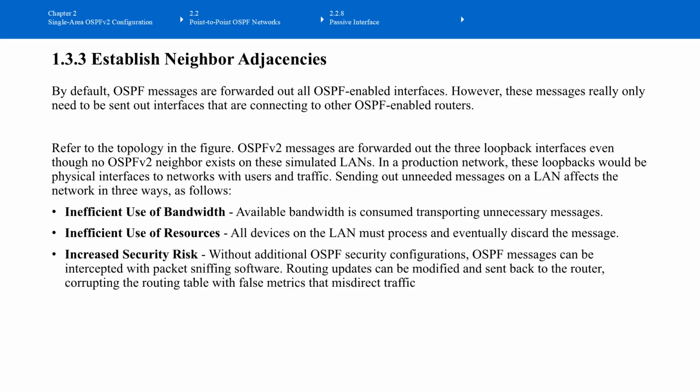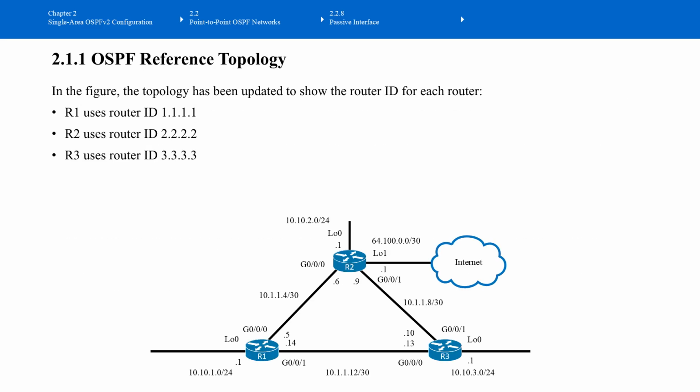Security risk, that is, the OSPF information may be intercepted. The solution to this problem is to configure interfaces without OSPF neighbors as passive interfaces. A passive interface still advertises its network in OSPF, but does not send or receive OSPF hello packets to or from neighbors.